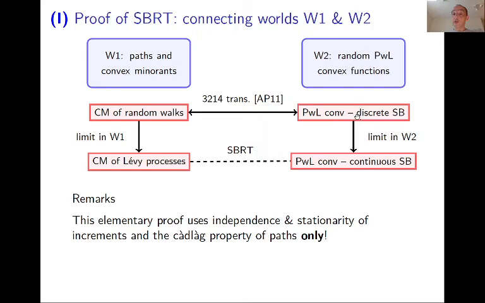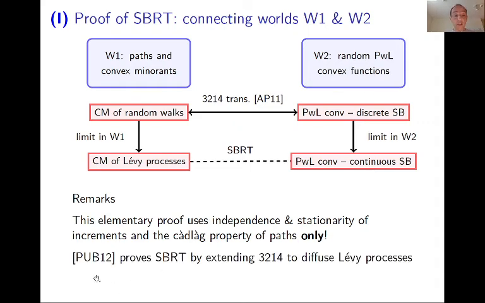Basically, it's possible to control this limit and show that you get in the limit this piecewise linear convex function in the theorem, in SBRT, by simply invoking only independent stationarity of the increments of X and elementary geometric manipulations of piecewise linear convex functions and nothing else. That's all in the paper, and the paper is, by the way, on the archive, and the proof is not complicated and completely elementary.